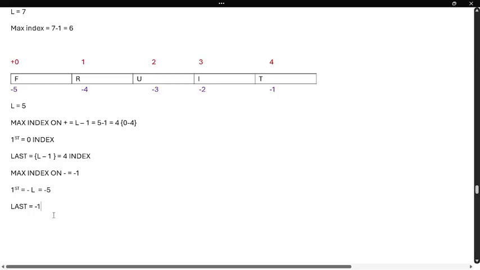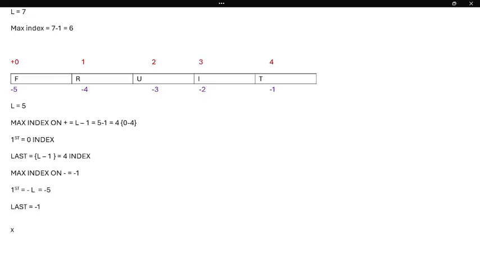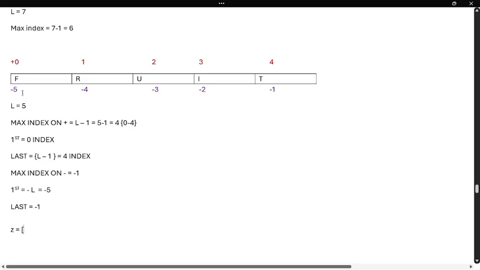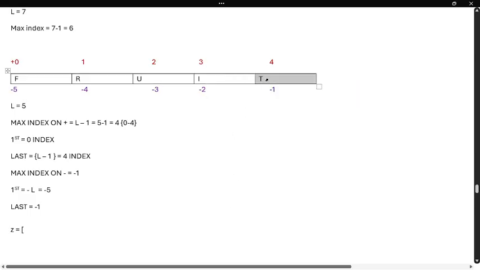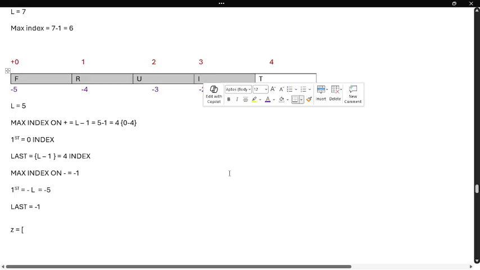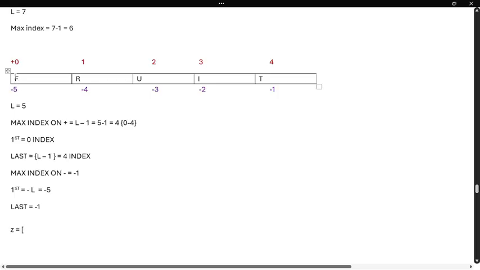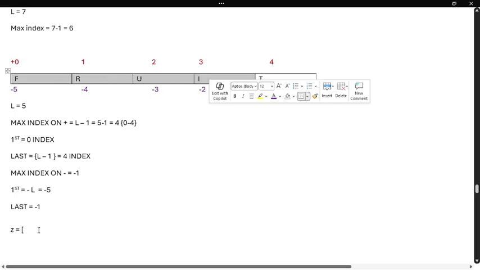So if I say z equals, I want to take from the first index to the third index. I am not interested in this character. I want to take from the first to the third index.